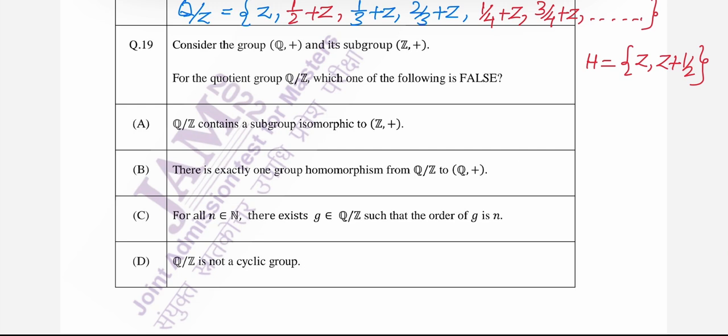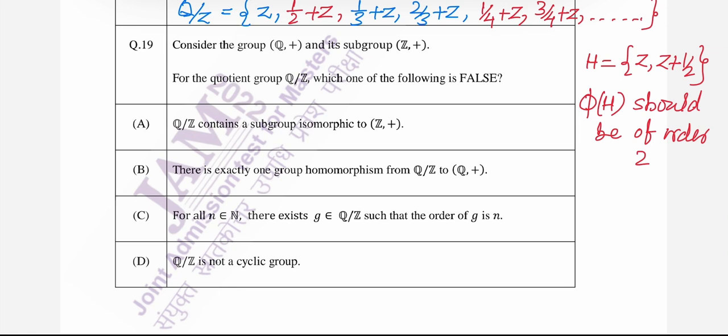If you have studied isomorphism, then you should know that its image, phi(H), should also be of order 2, because this is an isomorphism.